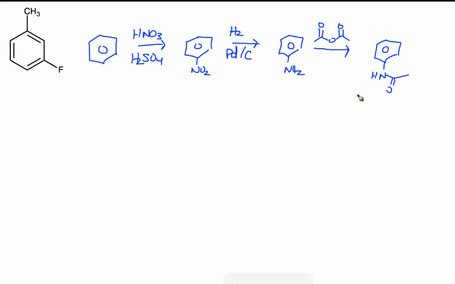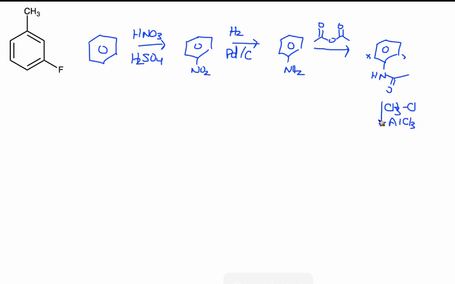So now we have this bulky amide group that blocks out those ortho positions. From here, we can do the Friedel-Crafts reaction. So we'll use CH3Cl and AlCl3 as the catalyst.